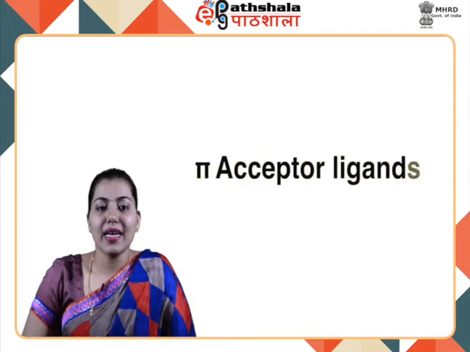The pi orbitals of the ligands can be filled or they can be vacant. Hence, ligands can be electron donors or electron acceptors. The bonding will affect the splitting parameter depending on the mode of electron density transfer. Now we will be discussing pi acceptor type of ligands.